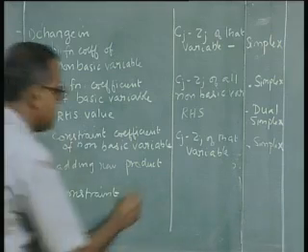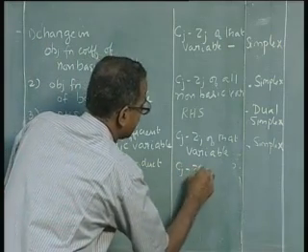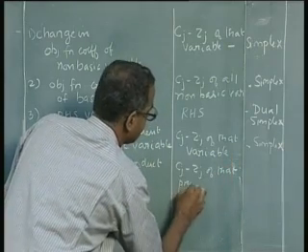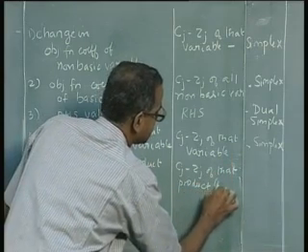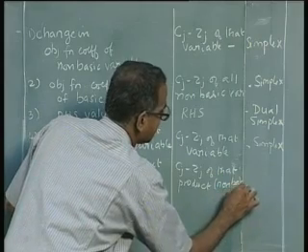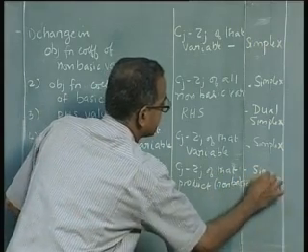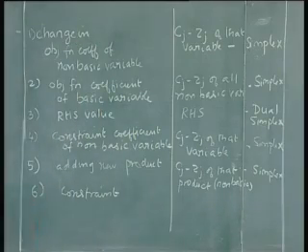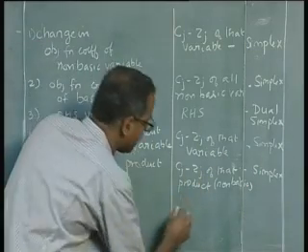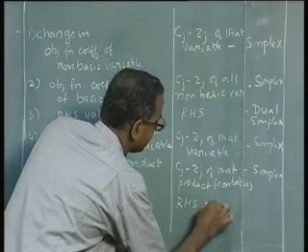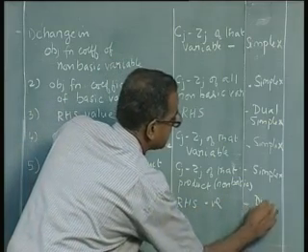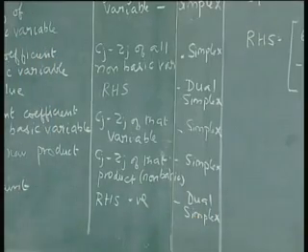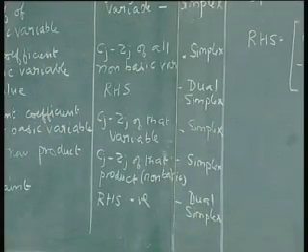Adding a new product would mean Cj minus Zj of that product, which is presently non-basic, and we could use simplex to proceed. Adding a constraint would mean constraint violated, so right hand side negative, and we could use dual simplex. Now that is summarized in this table.